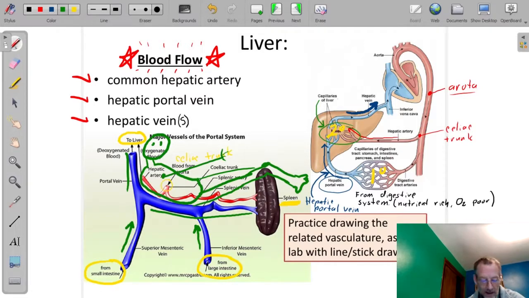So again, the superior mesenteric vein from the small intestines, the inferior mesenteric vein from the large intestines, and then all of this splenic vein, all the way from the spleen to this junction point here. And this green is splenic vein.